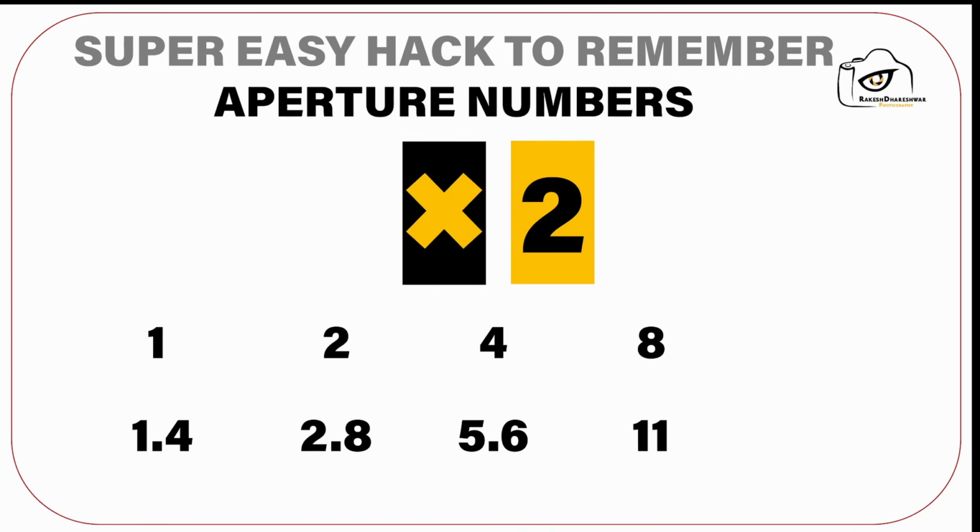The next one, you try. 8 multiplied by 2, 16. 11 multiplied by 2, perfect, 22. That's it. Now you got it. Now you can remember these aperture numbers. One thing I would suggest is try and memorize these numbers with the hack I gave you, because it will always help you.